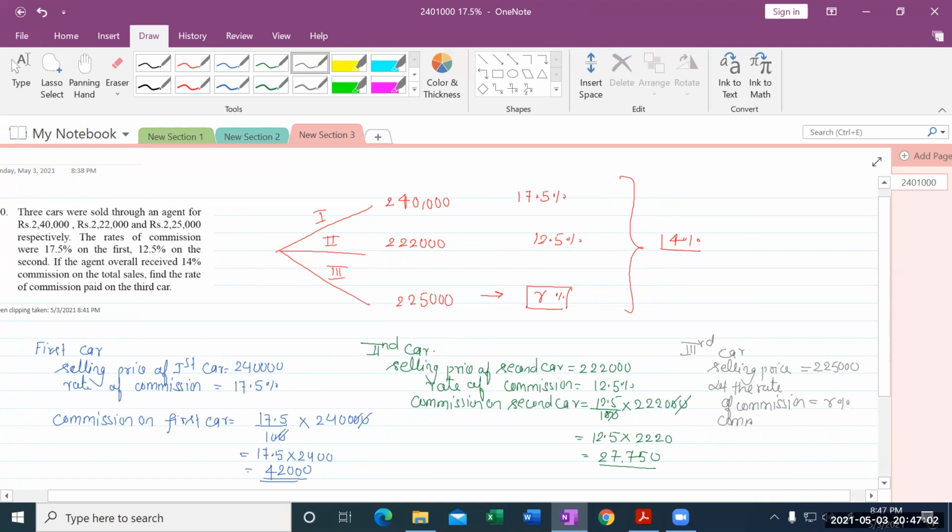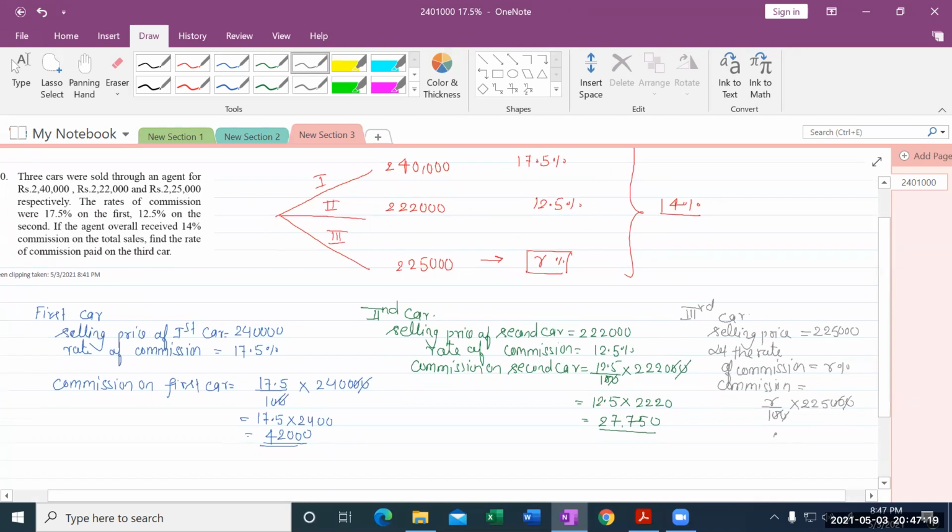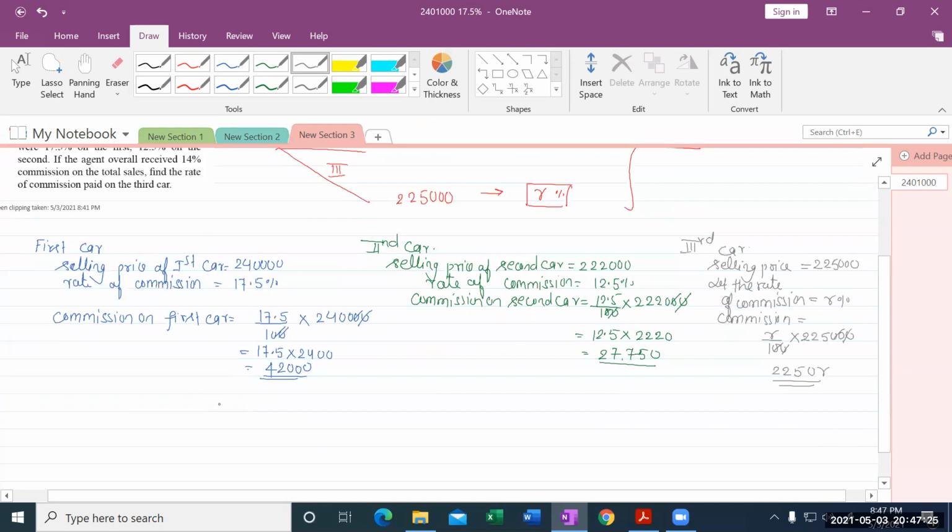I will calculate the commission, that is nothing but R percent of 2,25,000. Two zeros will get cancelled. It will be 2250 R.